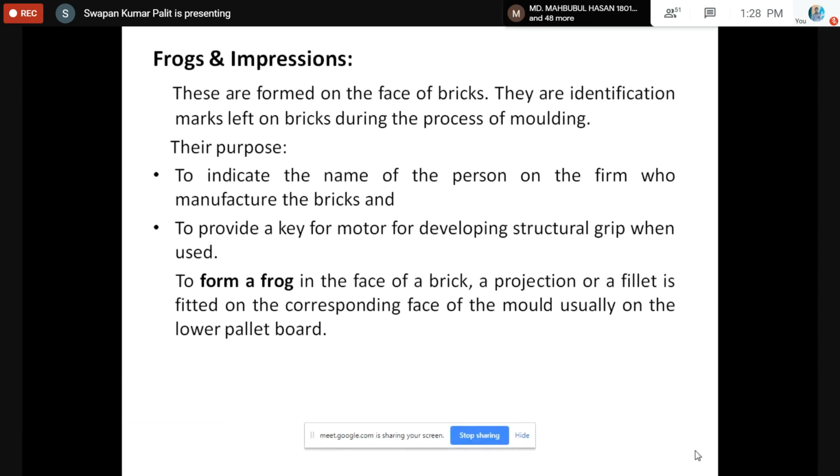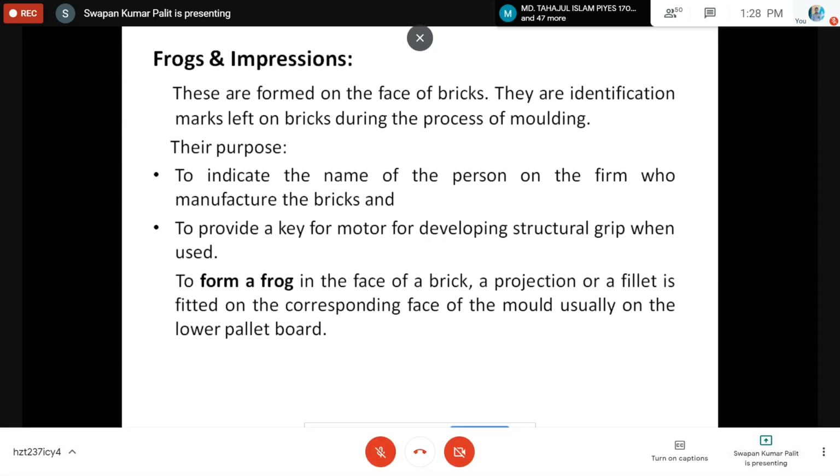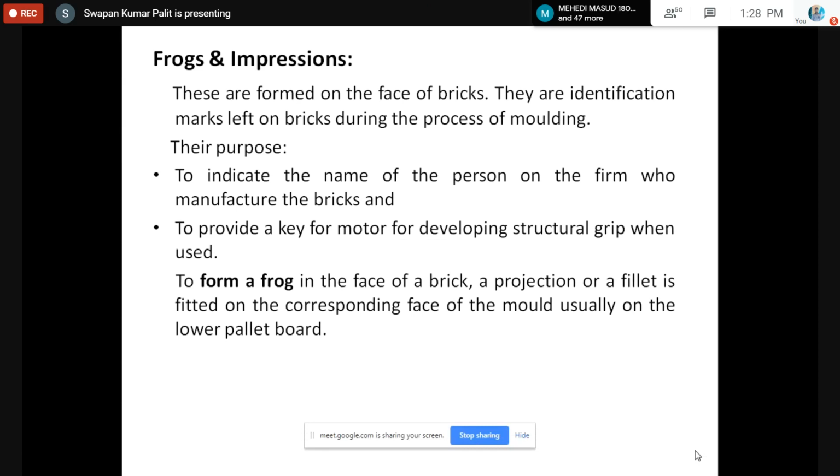And what are these names? This is known as frog and impression. Why this one? There are two purposes. One is to indicate the name of the person or firm who manufactured the brick. That means manufacturer's name, firm's name. Another one is to provide a key for mortar.